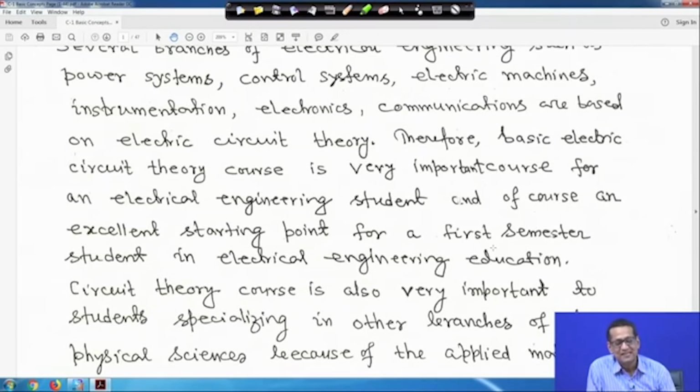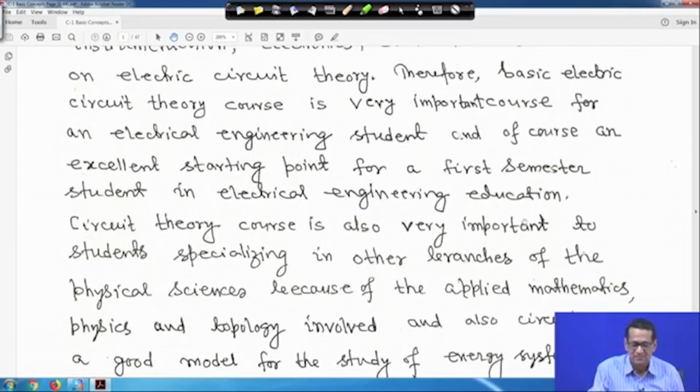The basic electric circuit theory course is an important course for an electrical engineering student, and an excellent starting point for a first semester or first year student. Electrical engineering covers electrical, electronics, ECE and instrumentation, so everybody specializing in first year can take this course.